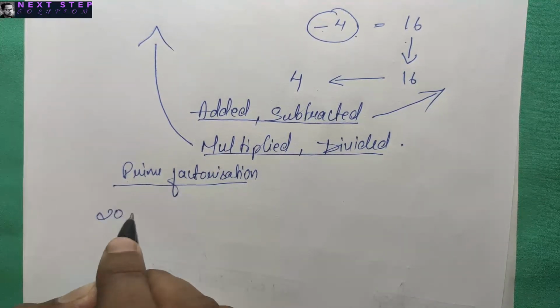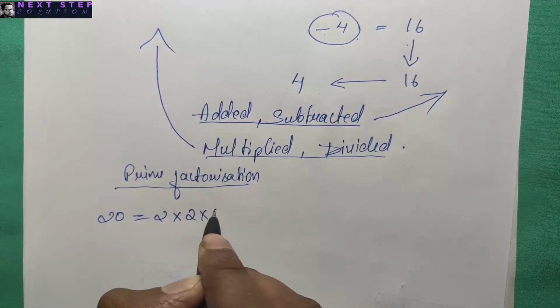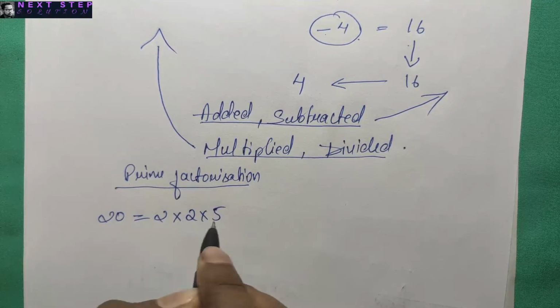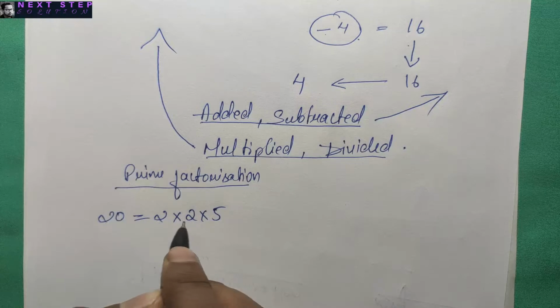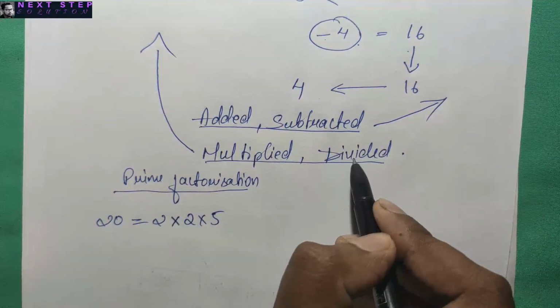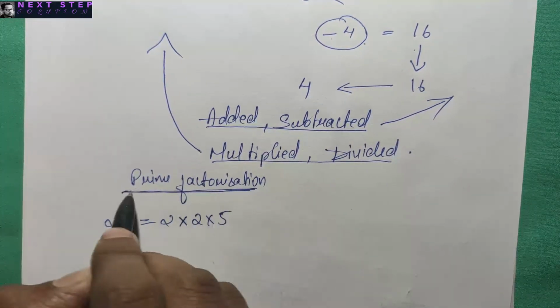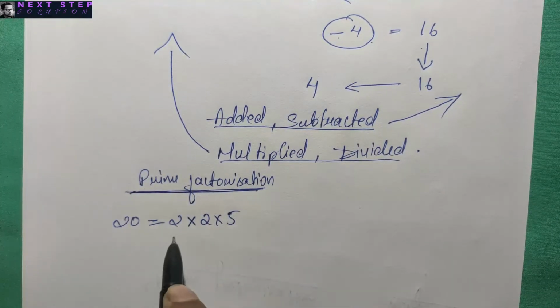Suppose we have 20, we write it as 2 into 5. This is a multiplication process. So if they ask anything to be multiplied or divided, we follow the prime factorization method.